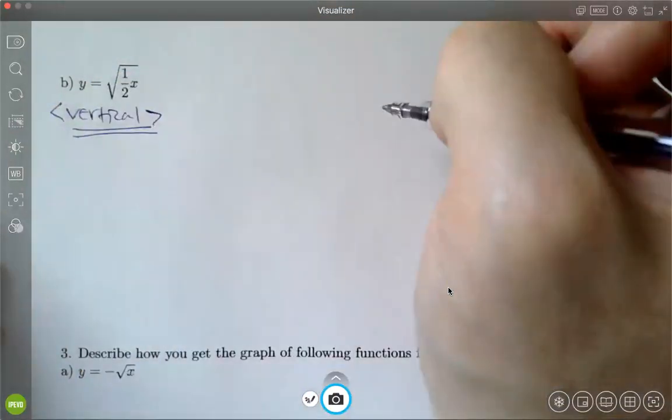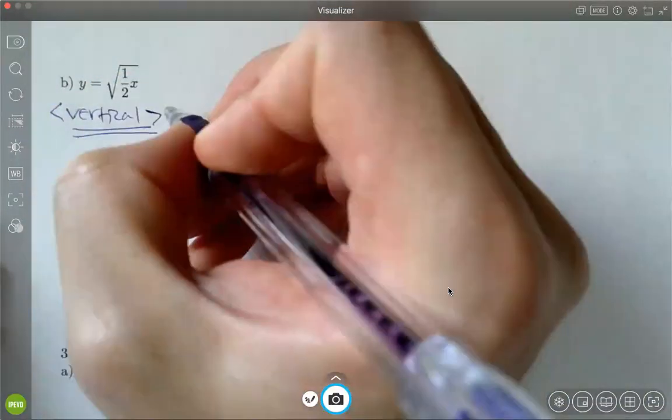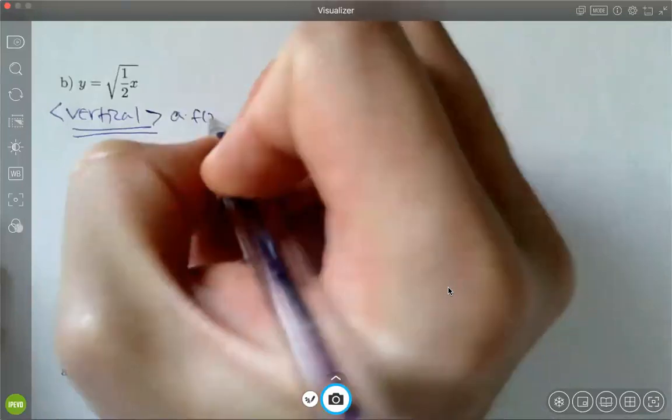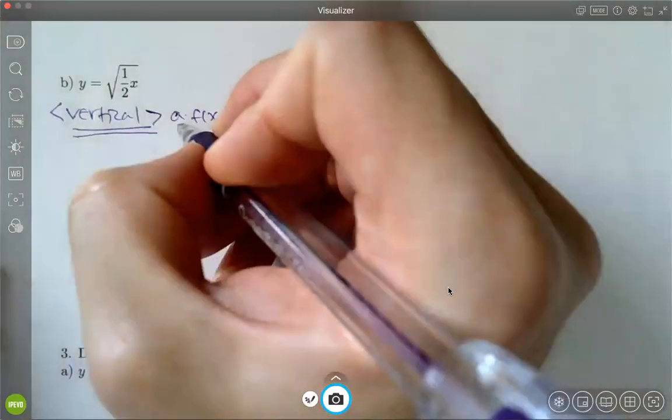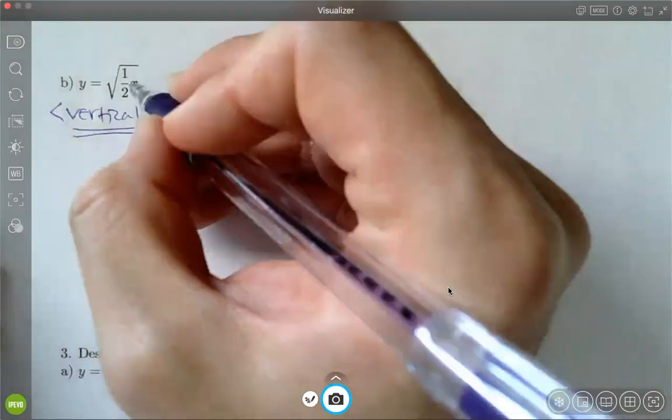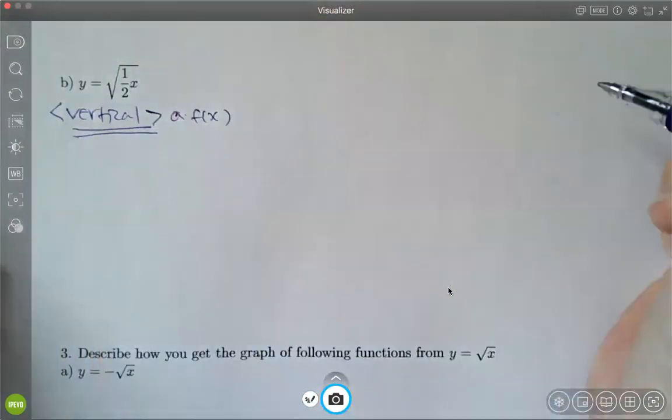So remember, the setup of vertical transformation is this one, right? Some number times f of x. Okay, what should this number be in this case? Hint, it's a tricky question. 1?